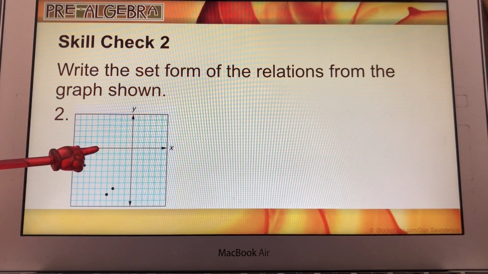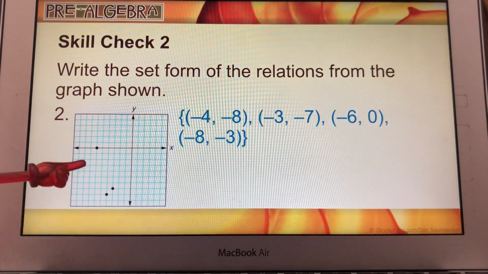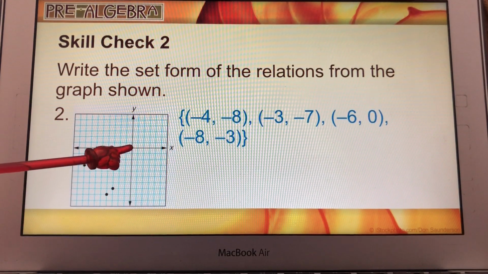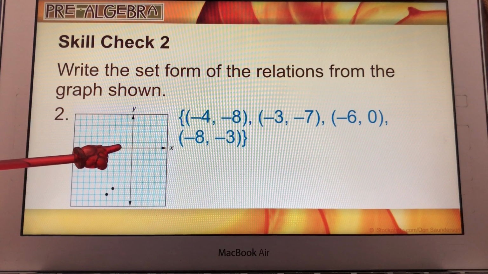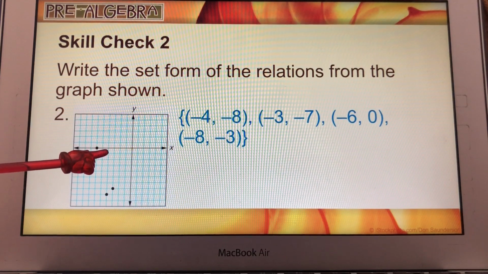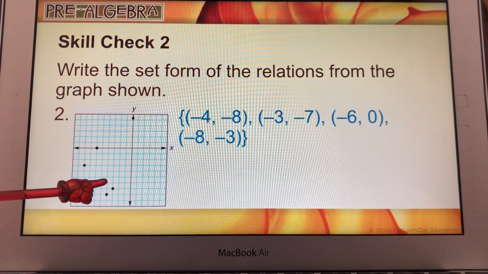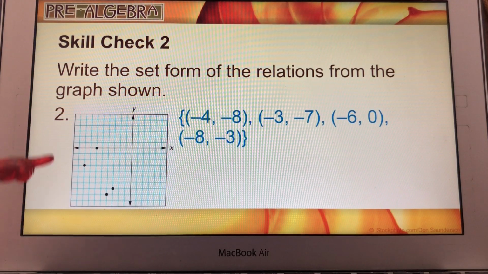This is -6, 0. Okay, the first one they label is -4, 8 down here. 1, 2, 3, 4, and you go down 8. 1, 2, 3, 4, 5, 6, 7, 8. -8 right there.